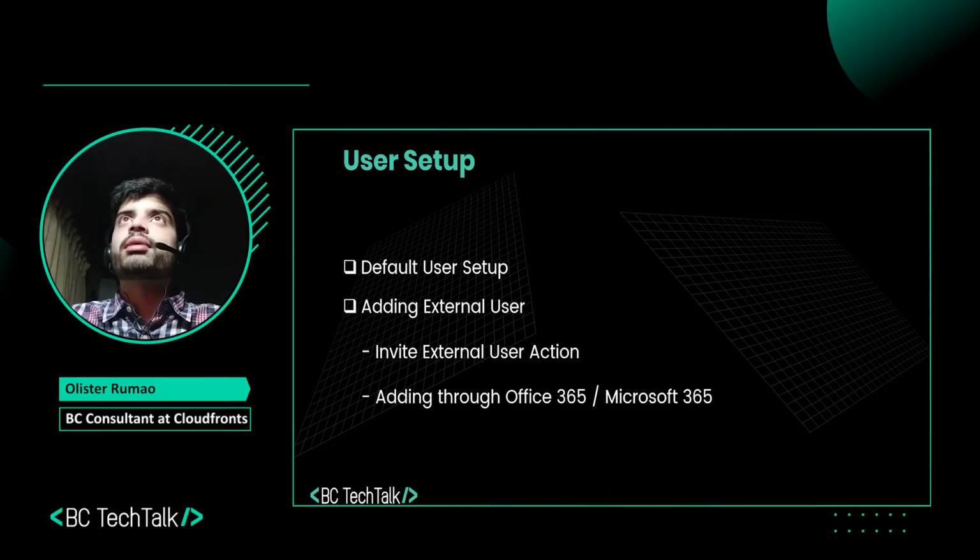The second way of setting up is, let's say I'm a user Olister at organization1.onmicrosoft.com, and I'm trying to access environments of organization 2, which means that I have to be set up as an external user inside that organization.